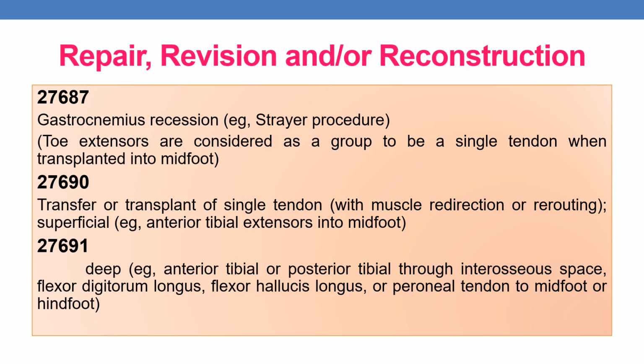The next CPT is 27691. Transfer or transplant of single tendon deep. For example, anterior tibial or posterior tibial through interosseous space, flexor digitorum longus, flexor hallucis longus, or peroneal tendon to midfoot or hindfoot.